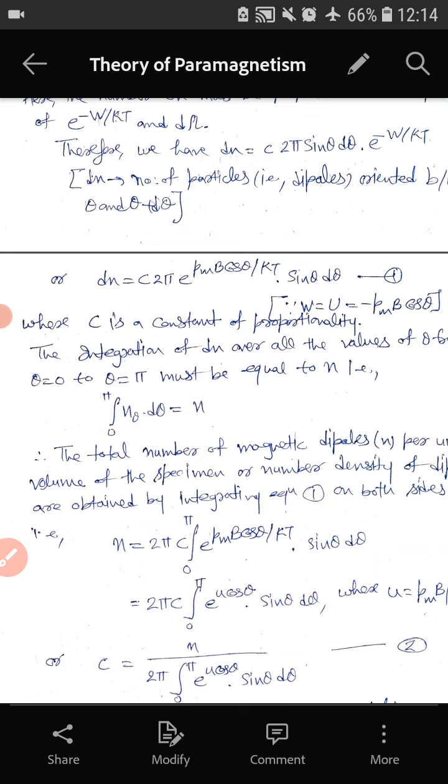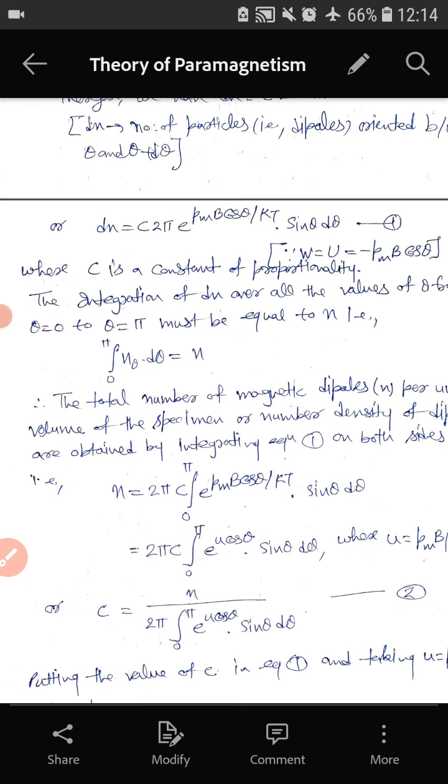This is the small number of elements lying in the range theta to theta plus d theta. Now if we integrate this dn over all the values of theta, which varies from 0 to pi, the total number of magnetic dipoles n will be equal to the integral from 0 to pi of n theta d theta.